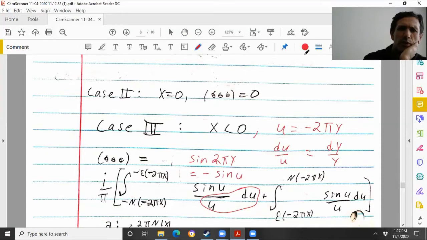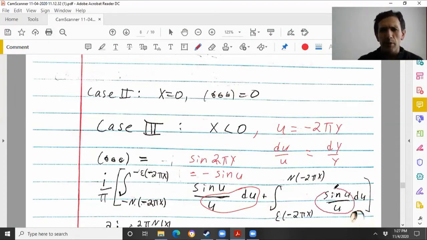So I can't do different colors, but if I did, I would circle this minus in 5 different colors because it's super, super important. And then the same thing here. Okay, so we get this minus sign, that makes this a plus. So there is no minus sign here. Well, let's just be careful with the limits of integration.